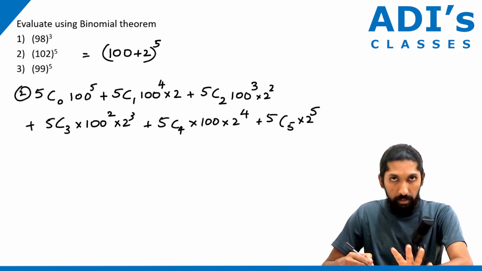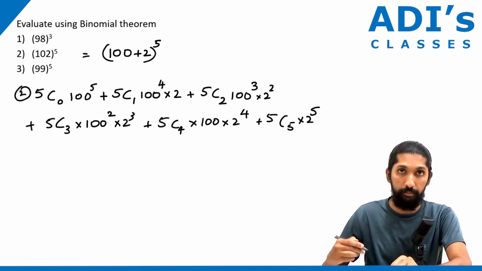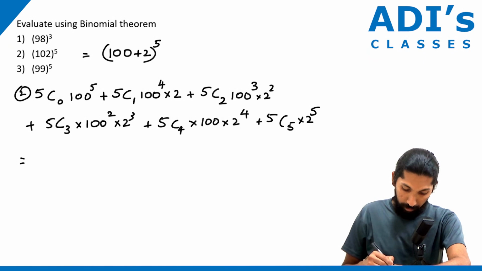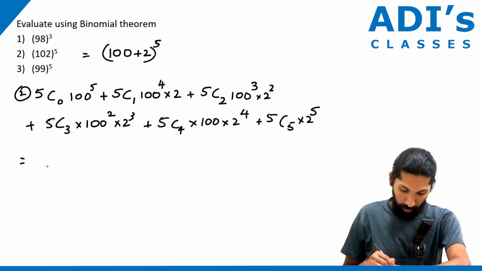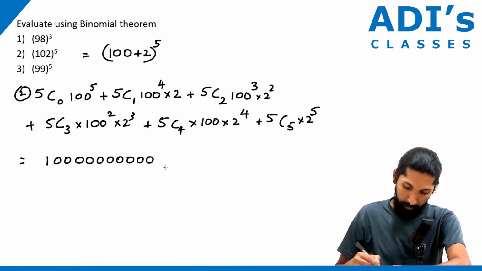It's a big one, yes, but it's quite an easy one to do. It's just monotonous. It's not very hard. 5c0 is 1, 100 to the power of 5. So 1 followed by 10 zeros, 100 power 5.